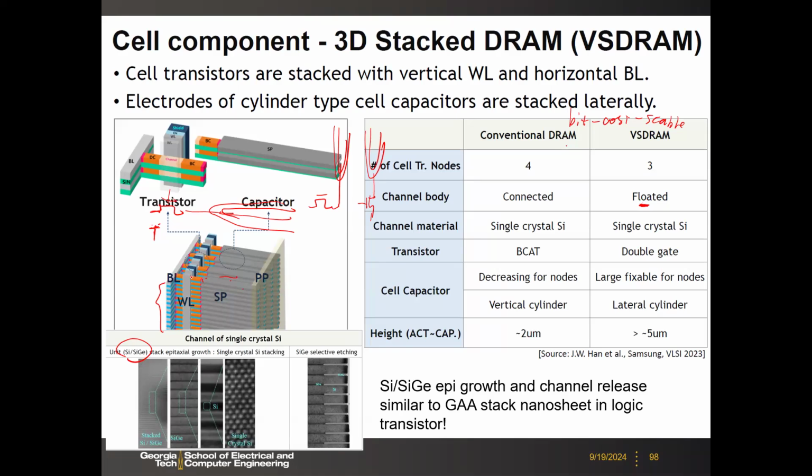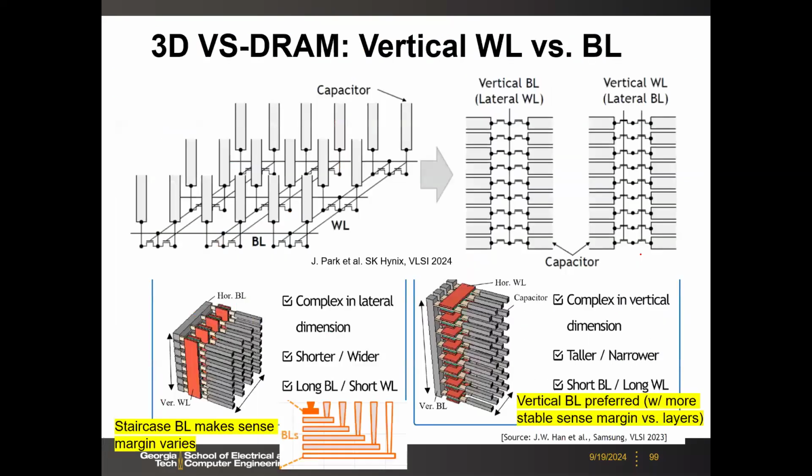And this transistor will be double gated or maybe gate-all-around kind of nanosheet. So I will show you some demonstrations in the next few slides. The first one was reported by Samsung last year at the VLSI Symposium. And they proposed two architectures, actually.